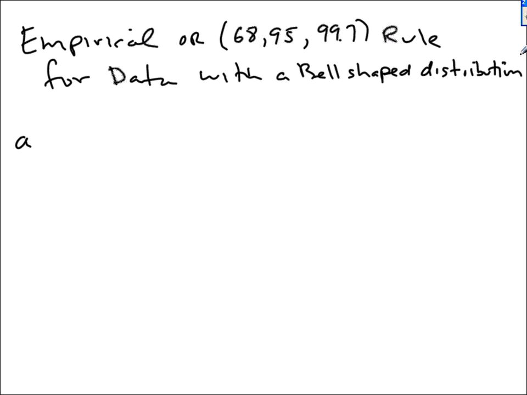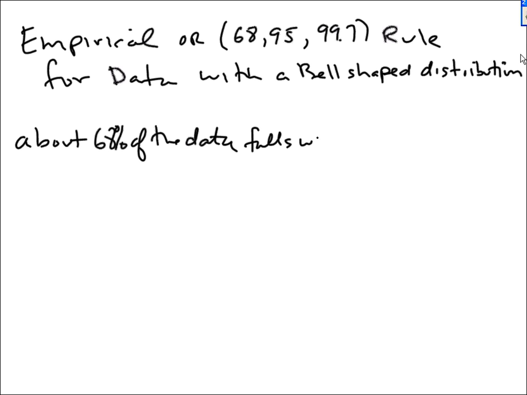So we have these three following facts. About 68% of the data falls within one standard deviation of the mean. About 68% of the data falls within one standard deviation of x bar.